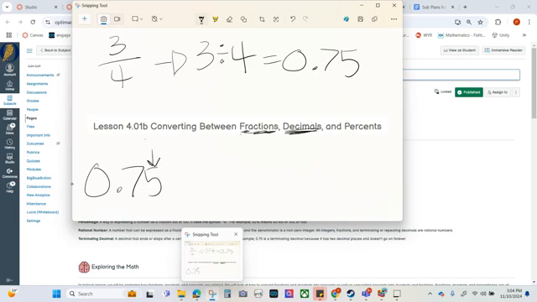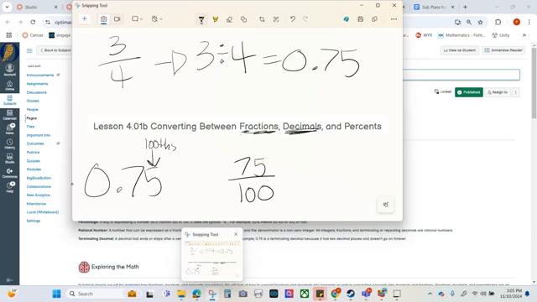This number ends in the 100th place. So our bottom number in our fraction will be 100. And to find our new numerator, we just copy all of the same digits that we see. 7, 5. Boom. Fractions into decimals, decimals into fractions.